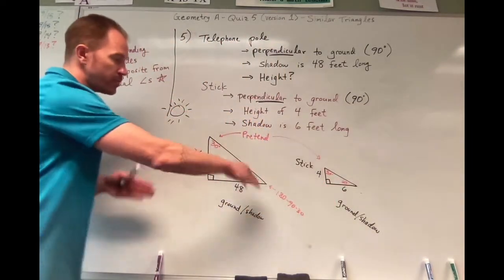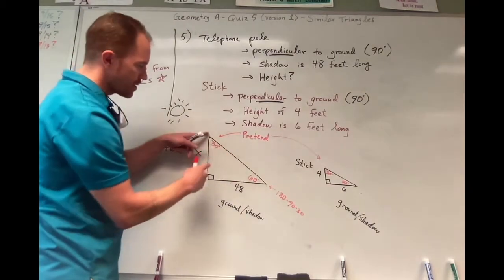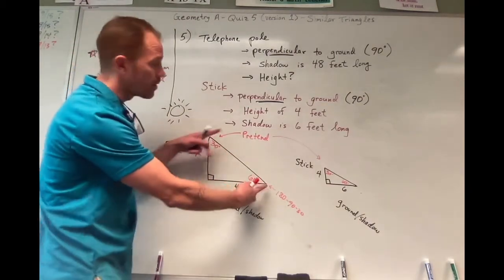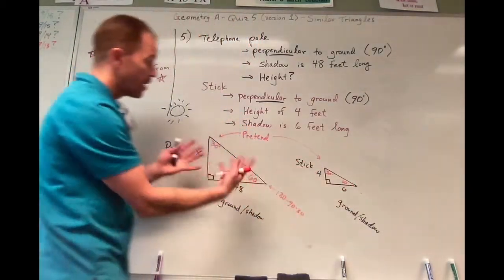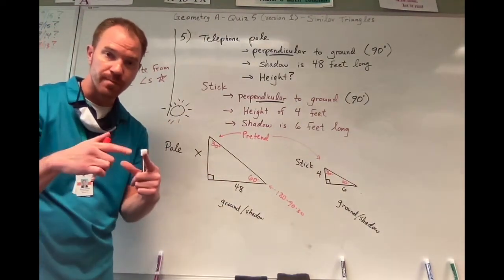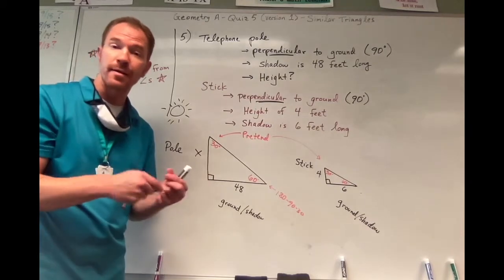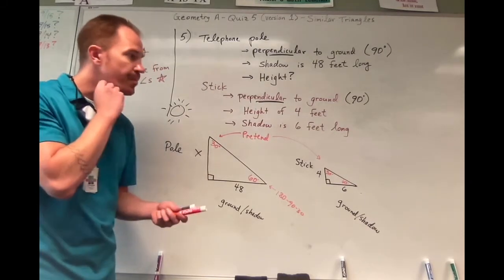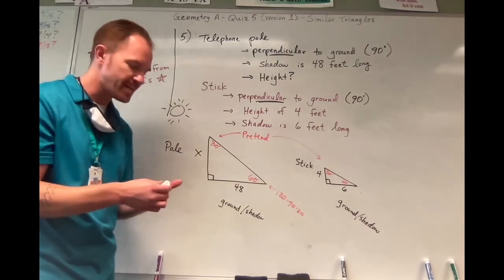So if we include the line that connects the top of the pole to the end of the shadow, or the top of the stick to the end of the shadow, what we have are similar triangles, big version, small version. And so now it's like the rest of the problems on this quiz.